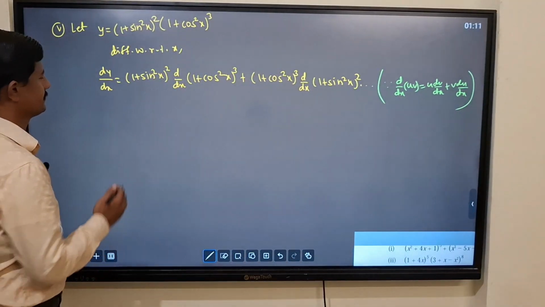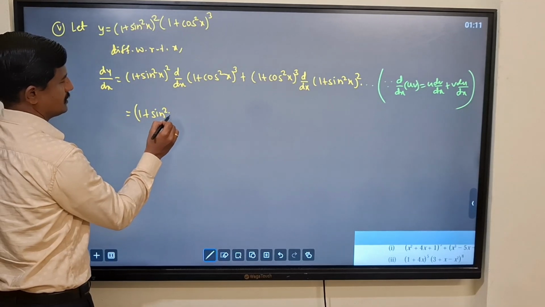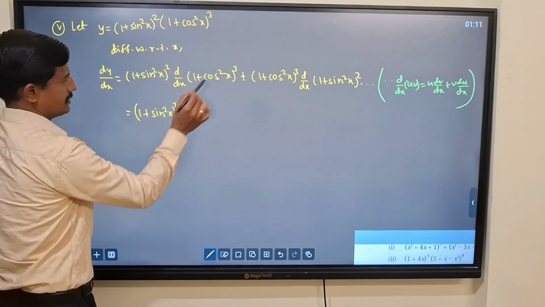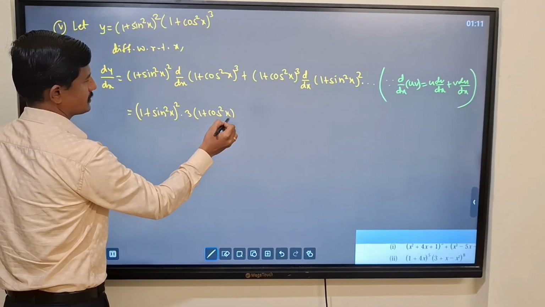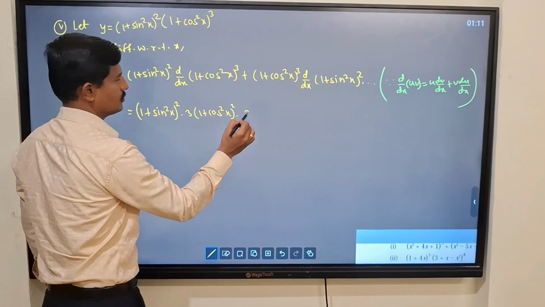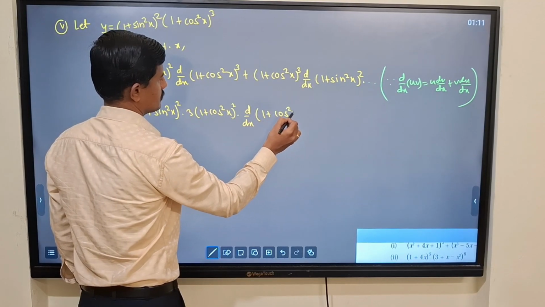Now differentiation. (1 + sin²x)² times d/dx of (1 + cos²x)³, this becomes 3(1 + cos²x)² into d/dx of (1 + cos²x).